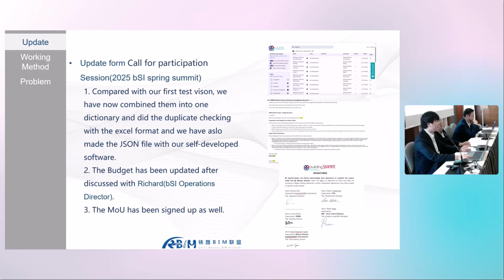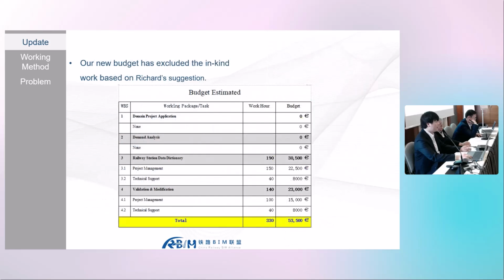And also, the budget has been updated after discussing with Richard, who is the buildingSMART operations director. And we have also signed the MOU. Our new budget has excluded the in-kind work based on Richard's suggestion, because initially we added all our in-kind work into our budget, which made the budget cost a lot of money and maybe scared our partners.